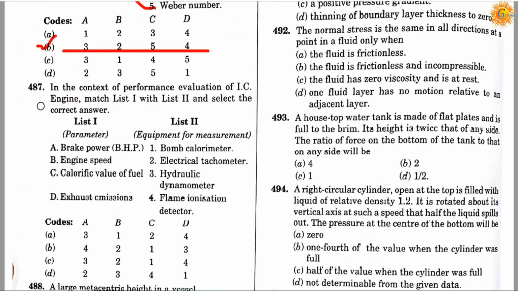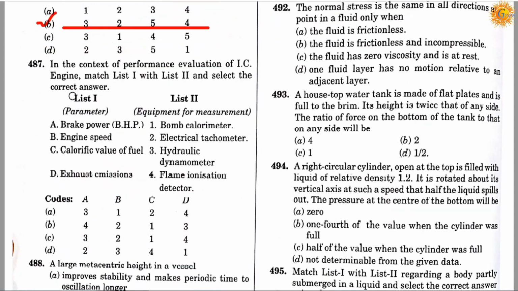Question number 487. In the context of performance evaluation of IC engine, match list first with list second and select the correct answer. The first list is the parameters, and the second list is the equipment for measurement.